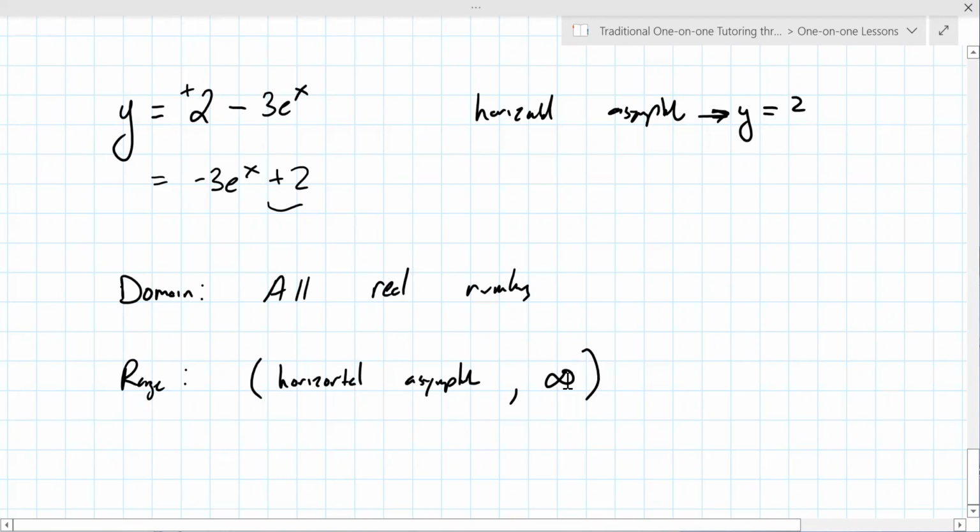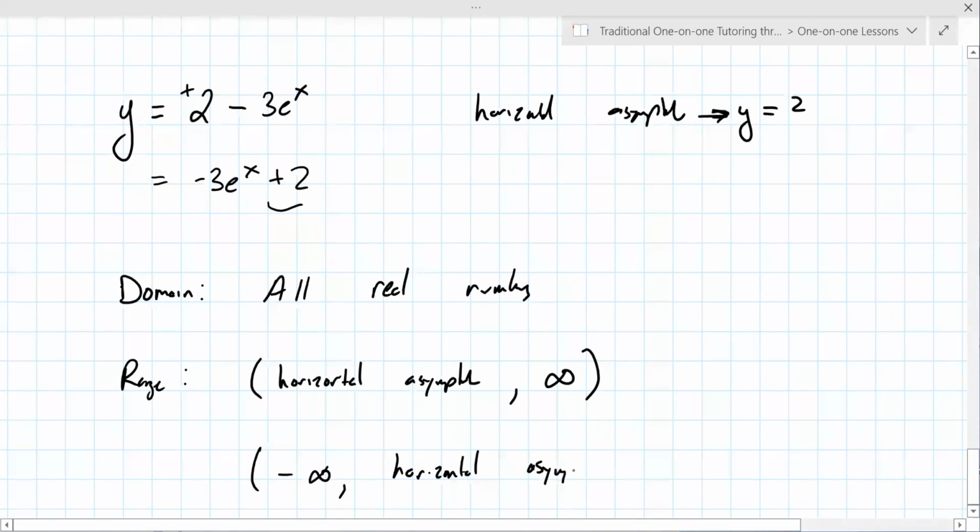But it also depends on whether it's got a negative in front. So see how this negative is in front here, minus 3e to the x? That changes the range. So I'll just briefly mention that this is the other possibility.